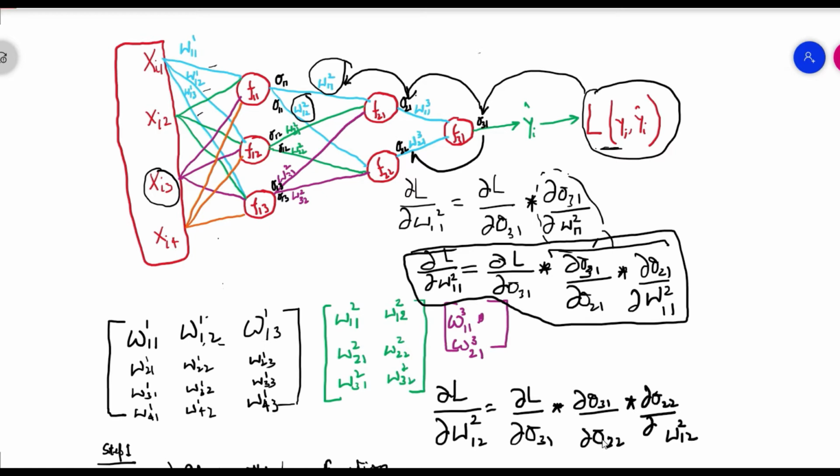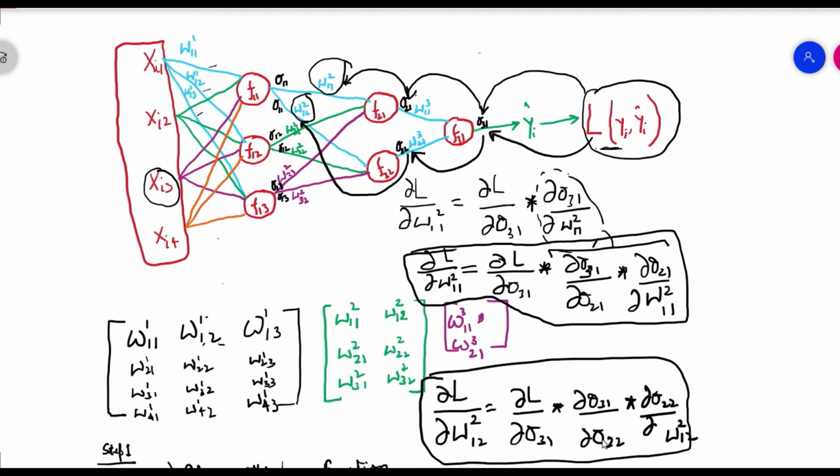So using the same chain rules of differentiation and after observing that our loss is dependent upon output O31, and output O31 is further dependent upon output O22, and our output O22 is further dependent upon our W212, we reached the second of the pair of weights for these two connecting edges in blue.